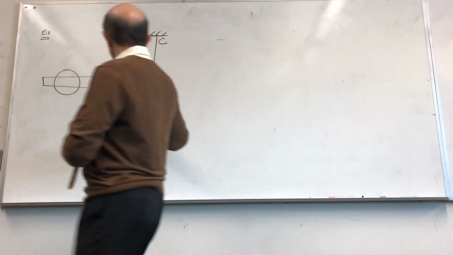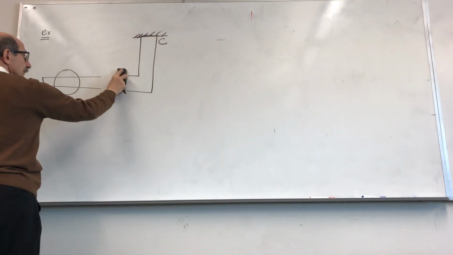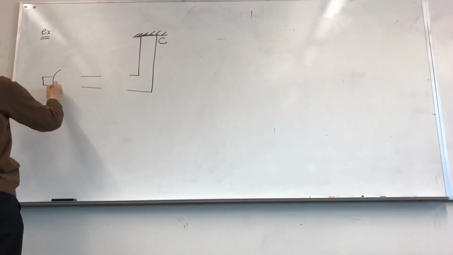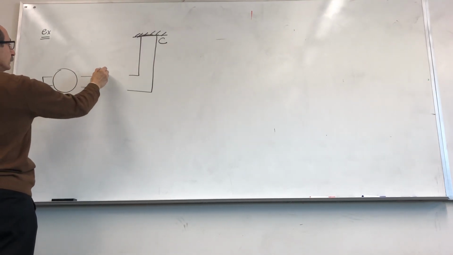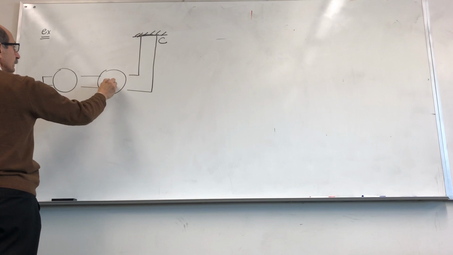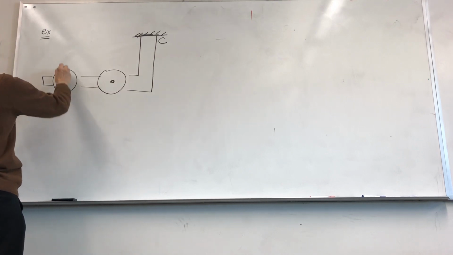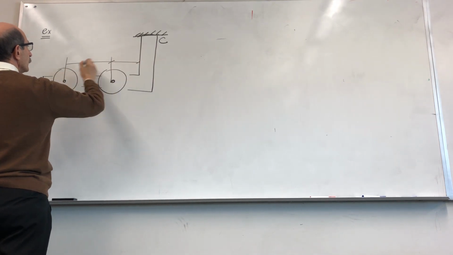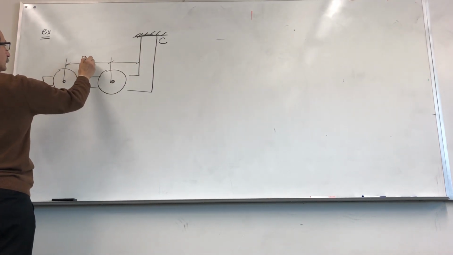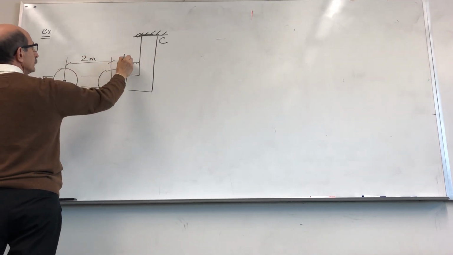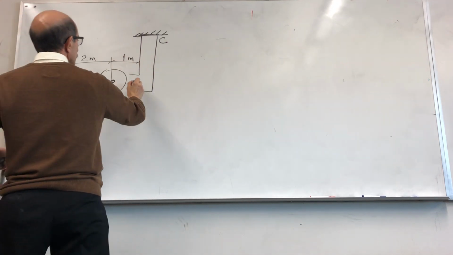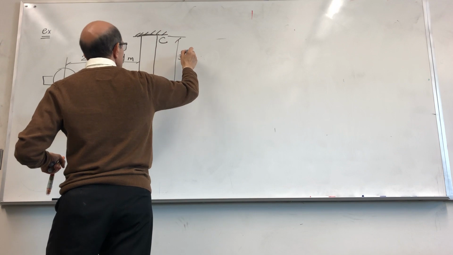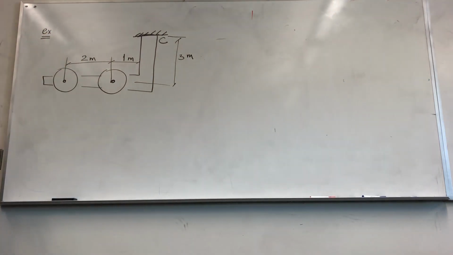Okay, so let's do it this way. One pulley here, one pulley there. This is 2 meters. This is 1 meter. And let's say this distance is 3 meters.